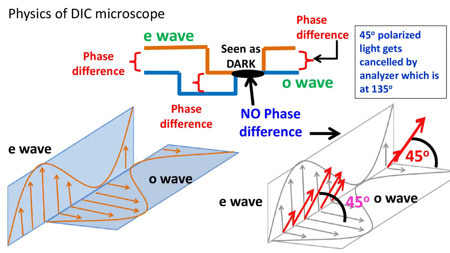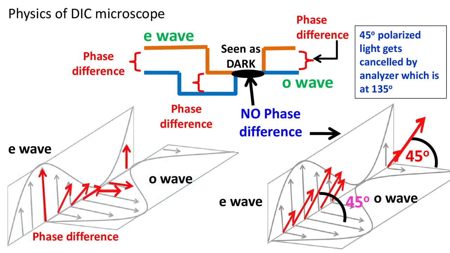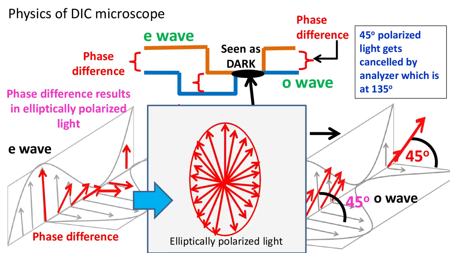If we see the wavefront of the other region of the specimen, then there is a phase difference between the E ray and the O ray. As both these waves are not aligned, there will be many resultant electric field vectors, and the final result of such many electric field vectors is the formation of elliptically polarized light.